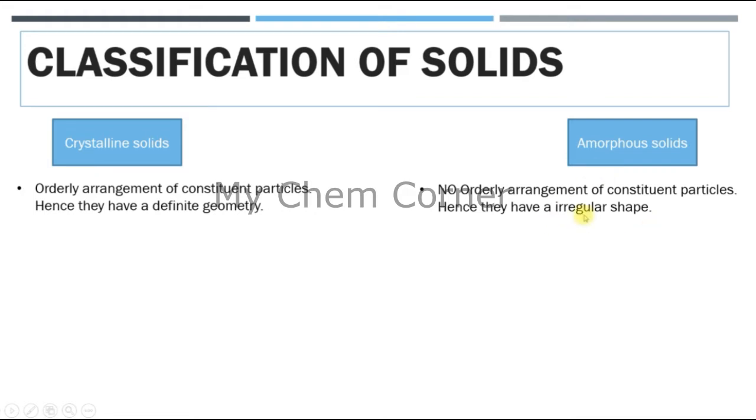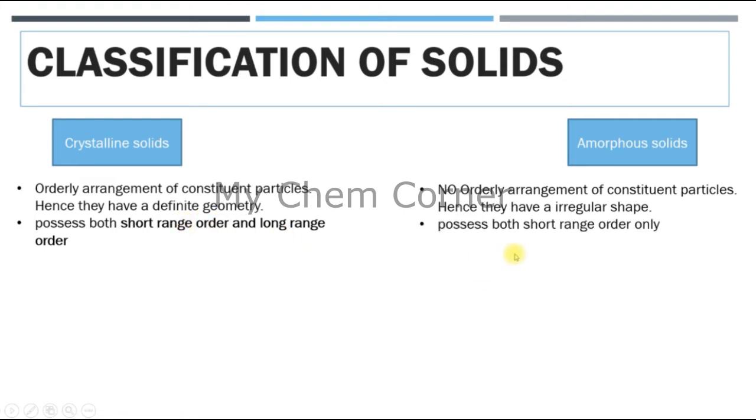That's why amorphous solids are more powdery, they don't have a consistent arrangement of particles, and they're very soft. Crystalline solids possess short range and long range order, whereas amorphous solids possess only short range order. Let me explain what short range or long range order is.